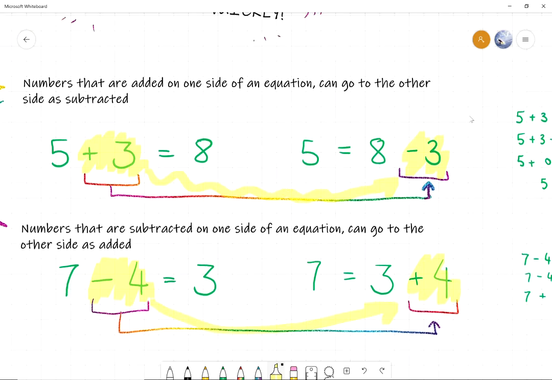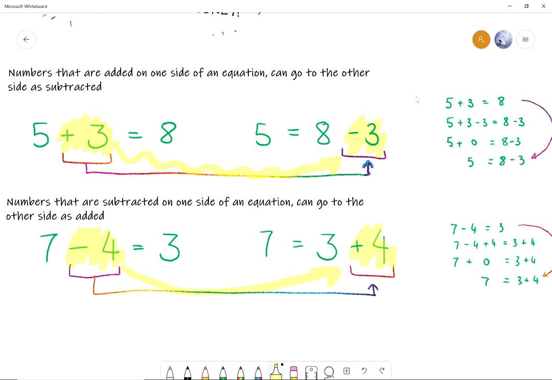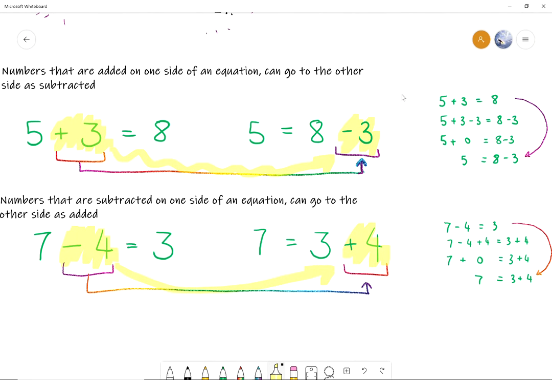Yeah, and the reason why that works is that what we are really doing is adding and subtracting the same number to both sides of the equation. So in the first example, what we did is subtract 3 to both sides of the equation to get, well, 3 minus 3 is 0, and 8 minus 3 is what we get on the other side.